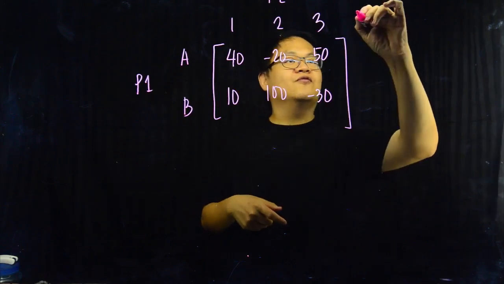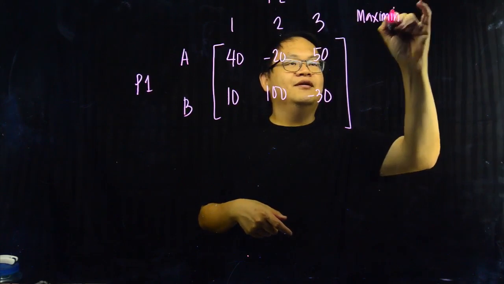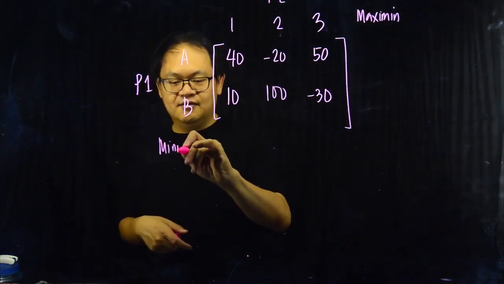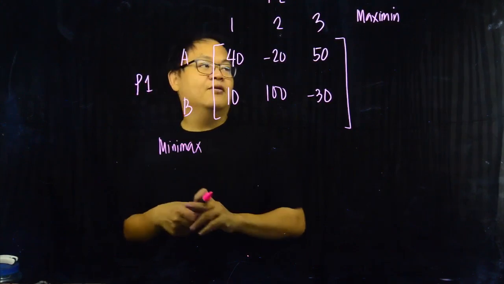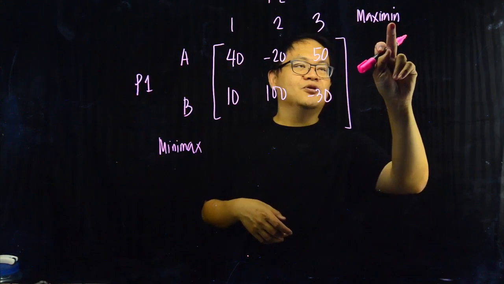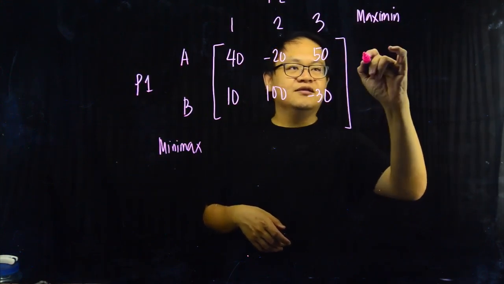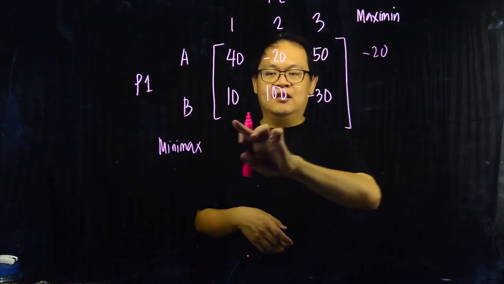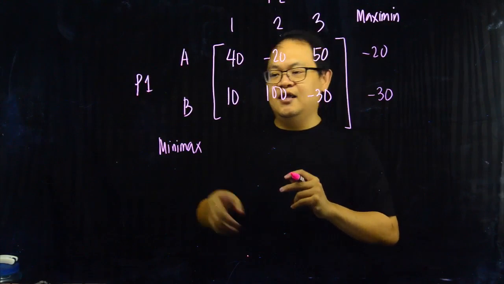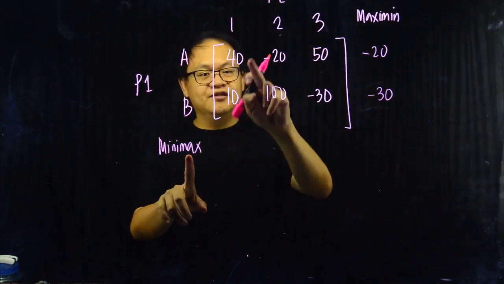So, given the last example, let's look for the worst case scenario, the best of the worst. What we're looking for is the maximin, remember? And for player 2, the minimax. So you're getting the minimum first, and then out of the minimums, you're trying to maximize. The minimum here is negative 20. The minimum here is negative 30. For player 2, we're getting the maximum first.